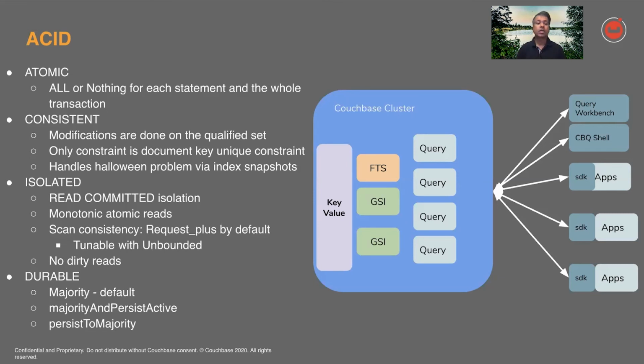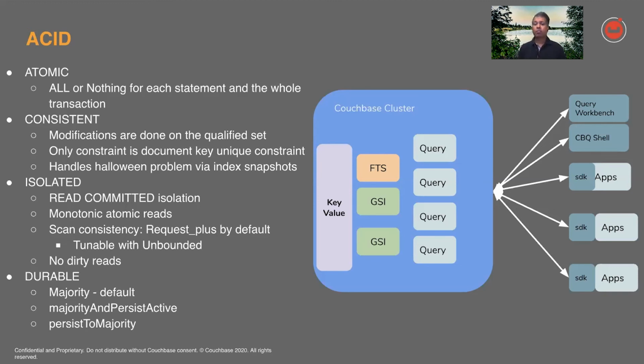If you want the writes to go into the majority of the nodes and persist on all the active nodes, that's another durability option. Persist to majority is yet another durability option, where you ensure all the data that you committed are persisted in the majority of the replicas.